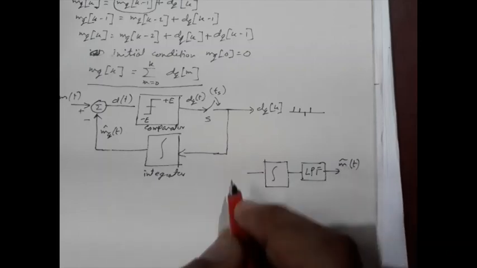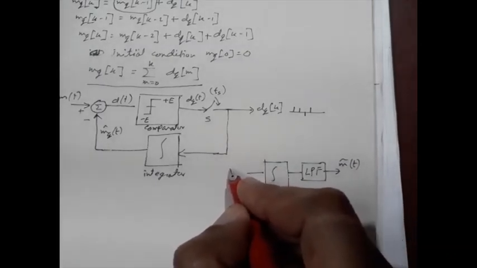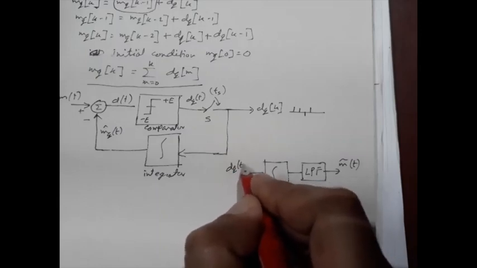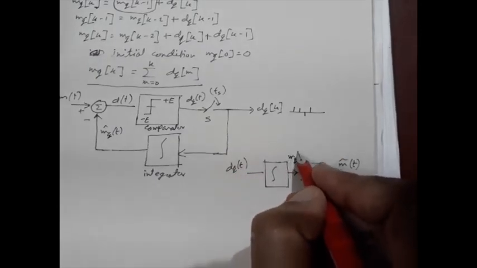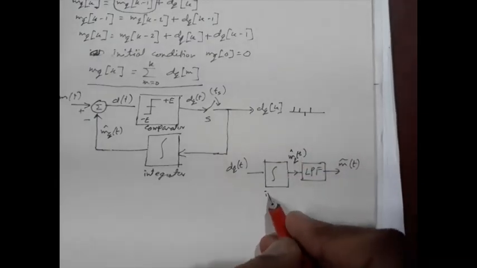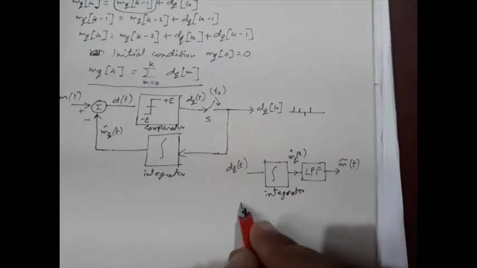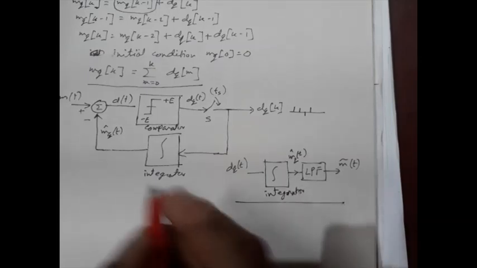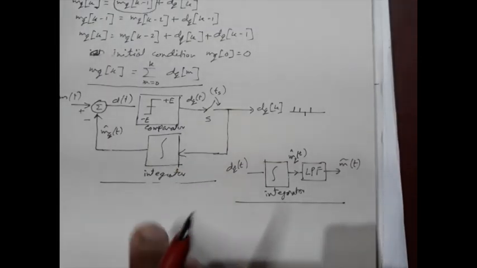We should get back the replica of the original message. So this is the demodulator, this one is the modulator for the delta modulation. It's a practical circuit.